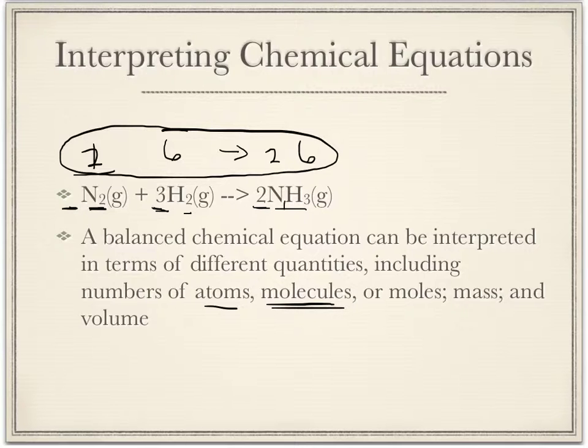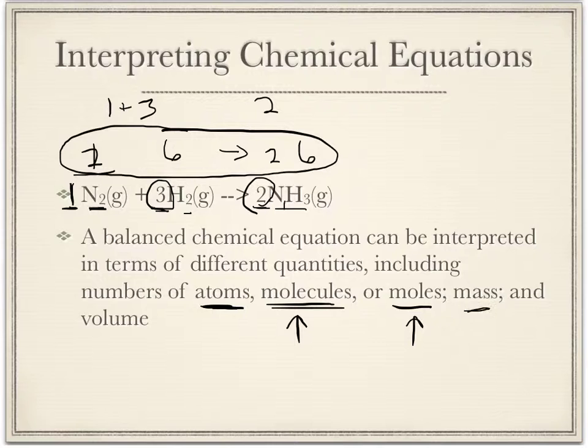I have 1 molecule of nitrogen plus 3, so I've got 4 on the left, and I've got 2 on the right. I actually have fewer molecules on the right than on the left. These coefficients also represent moles. The coefficient numbers, the 1 for nitrogen, the 3 for hydrogen, and the 2 for NH3, tell me how many molecules. They also tell me how many moles. They didn't tell me how many atoms. I had to figure that out a little bit differently.